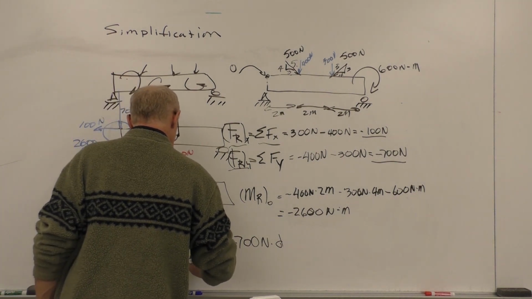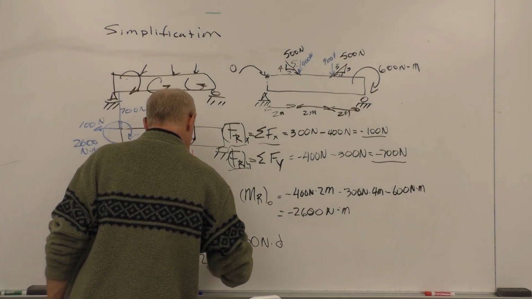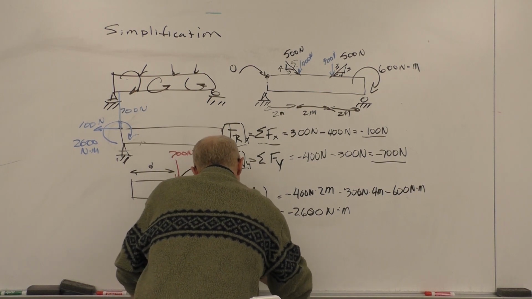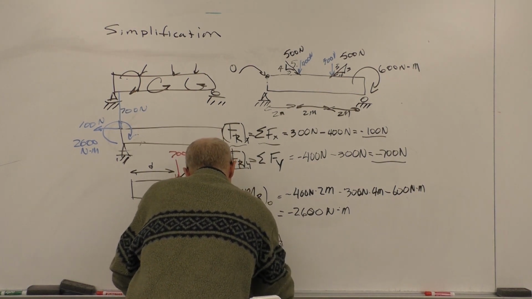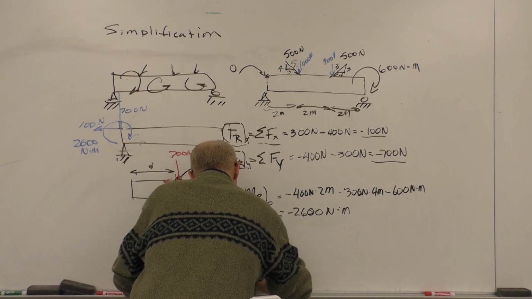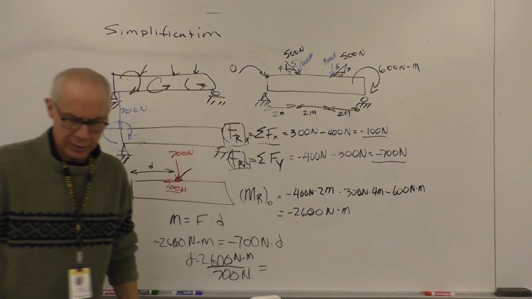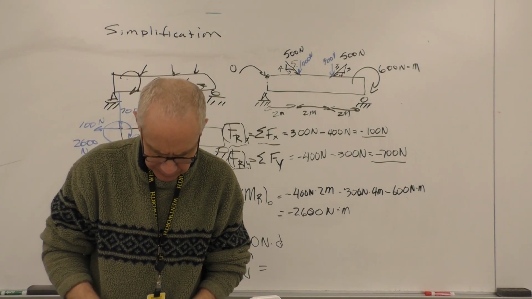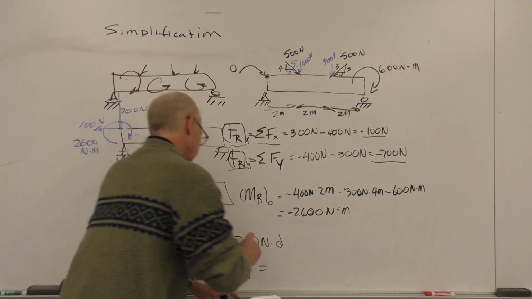So d equals 2600 Newton meters divided by 700 newtons. The answer is 3.71 meters.